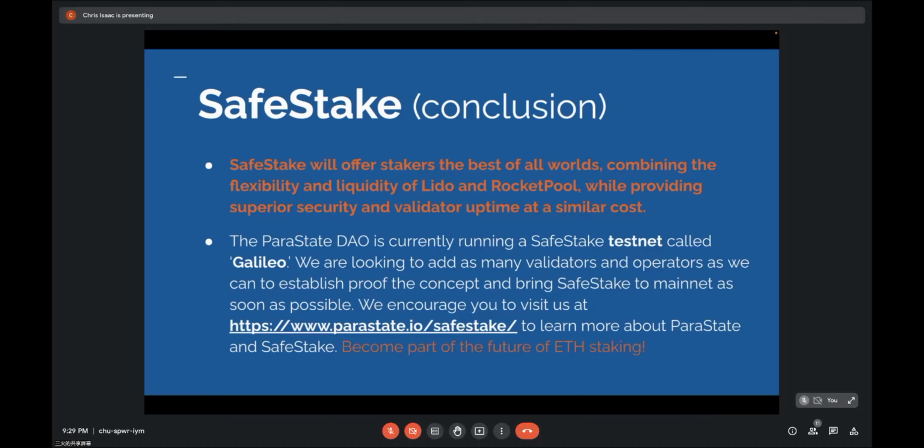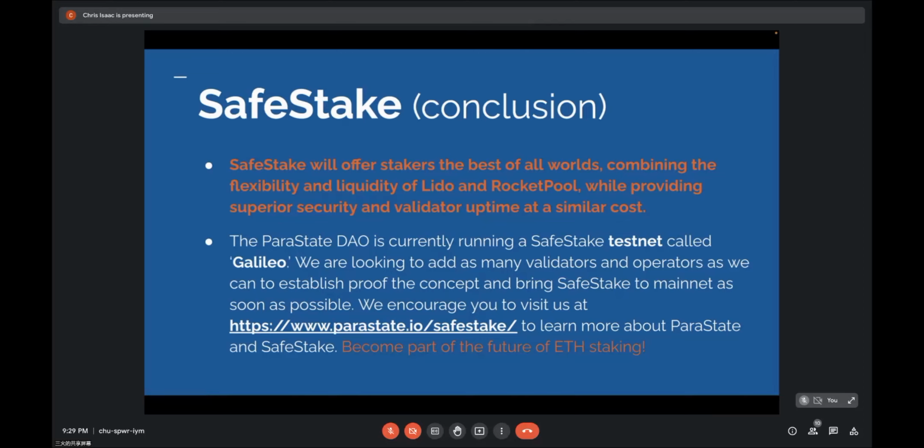I just want to let you know that the DAO, the Parastate DAO, is running a SafeStake testnet. It's called Galileo, and we want to add as many validators and operators as we can, so that we can take this concept and prove beyond a shadow of a doubt that it works, can handle a massive number of validators, and just runs as it's supposed to.